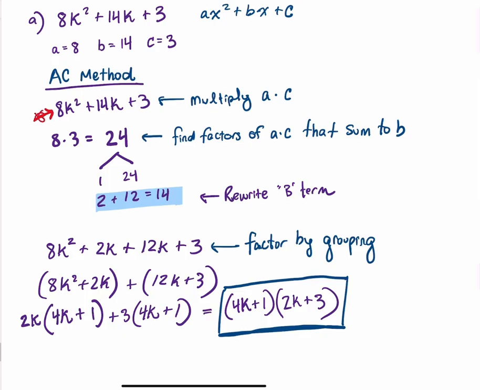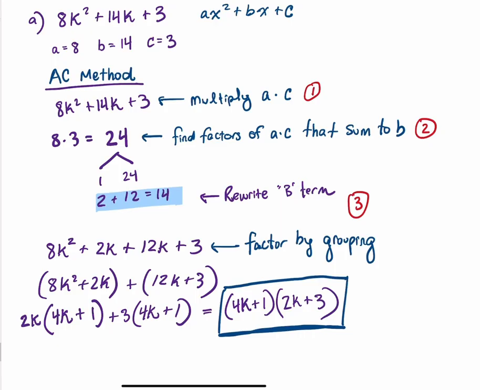You start out by multiplying a times c. That will be our first step. You take that number and find two factors that add up to b. That will be our second step, and that's similar to what we've done before. Then we'll rewrite the b term and factor the result by grouping. So we can view that as the third step.